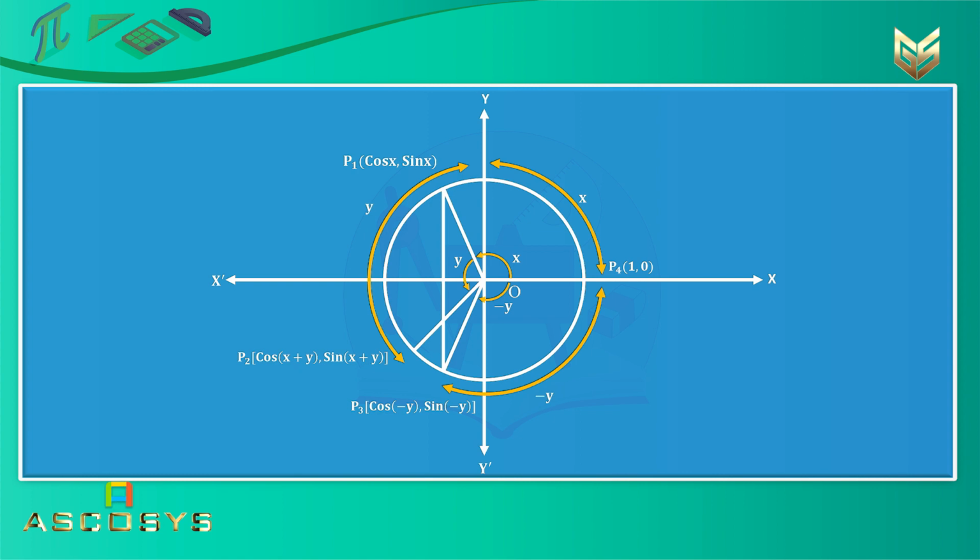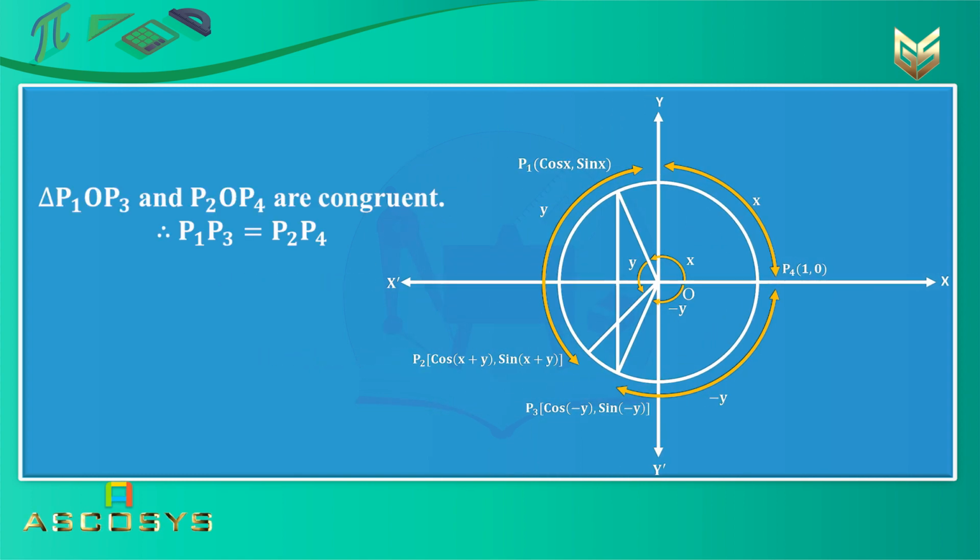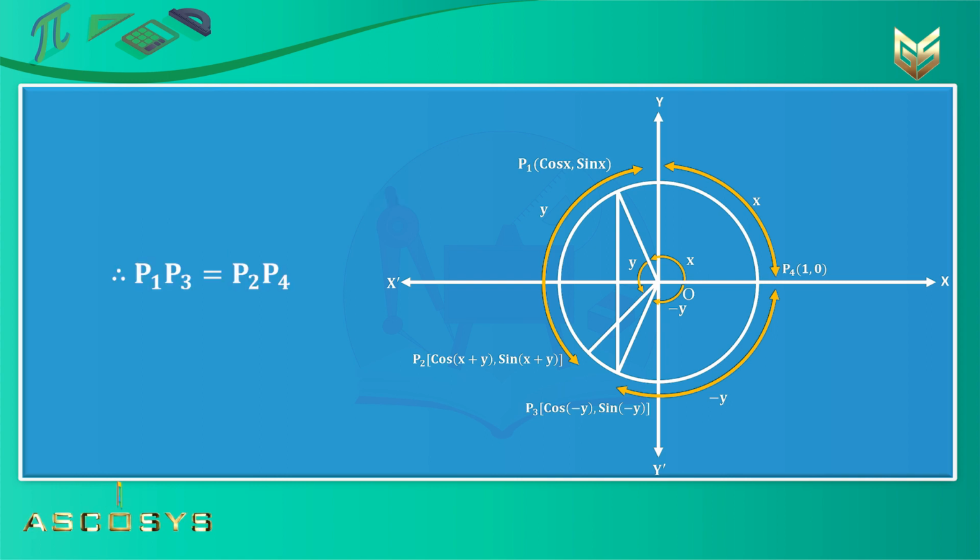We see that the triangles P1OP3 and P2OP4 are congruent. Since these two triangles are congruent, we can write that their sides P1P3 is equal to P2P4. Now we have the line segments P1P3 and P2P4.